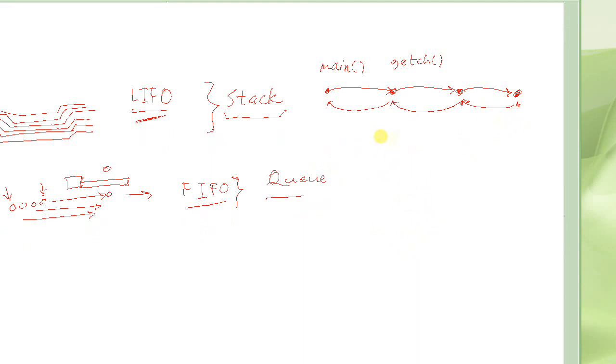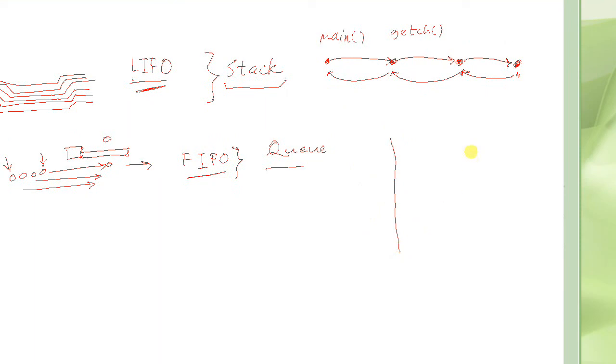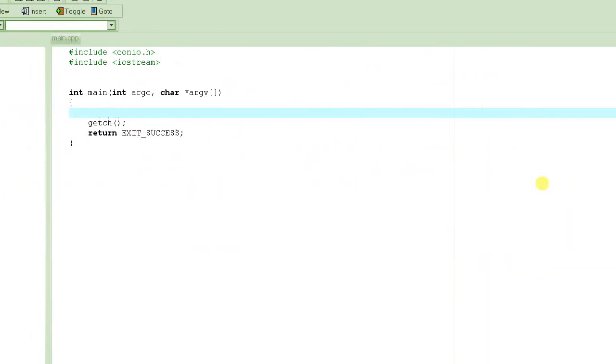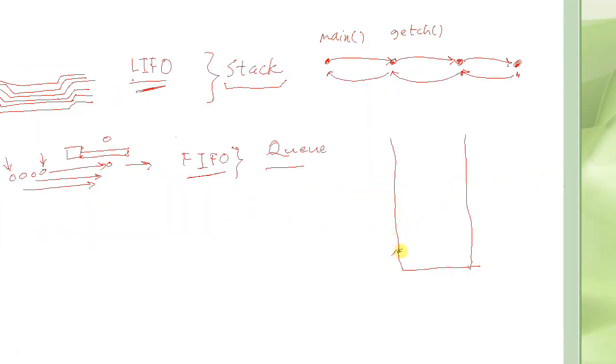So why am I talking about this? Every function has some local variables, okay? These local variables are actually created on the stack, a part of memory which is organized as a stack. So for the very first function, the main function, any local variable that you declare in main will be created first.